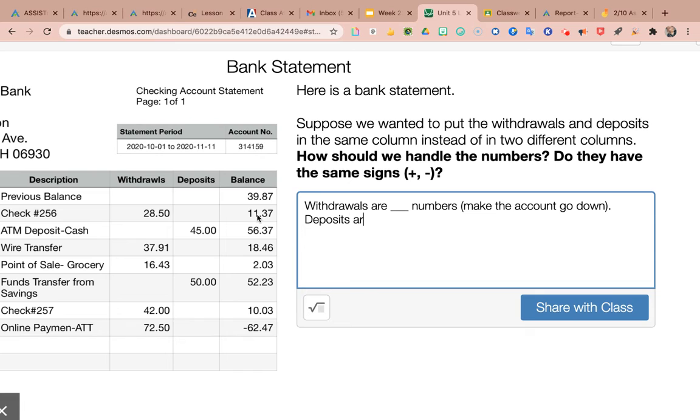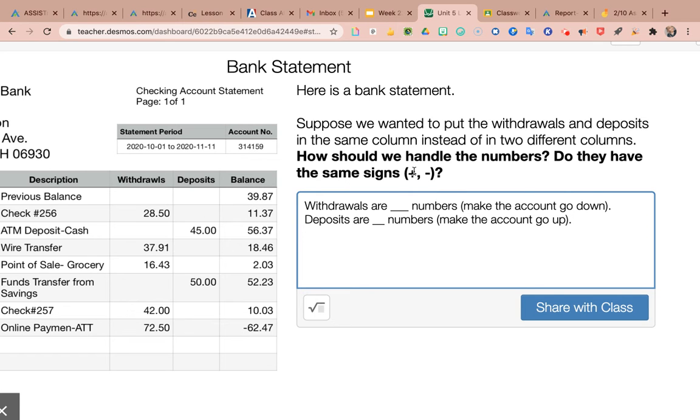Deposits are, and if you remember, when he deposited $45, his account went from 11 to 56. So deposits make the balance go up. Withdrawals make the balance go down.